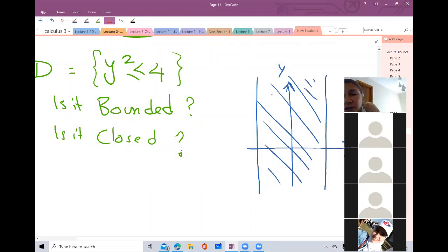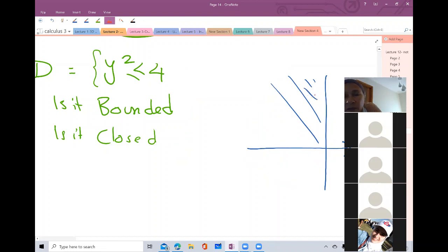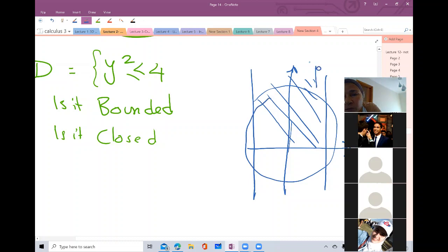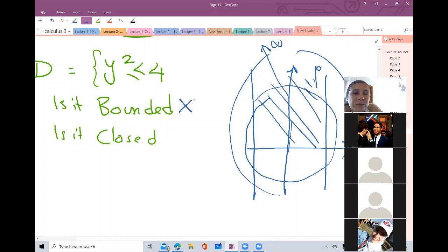Actually, whatever disk you take, what will happen? I'll find points that are still higher, outside it. No matter what radius I take, it won't contain them. So it is not bounded. This set is not bounded, so I cannot apply the Extreme Value Theorem.